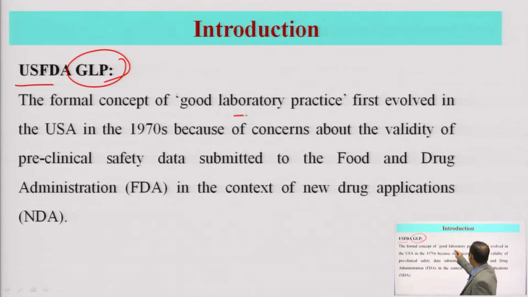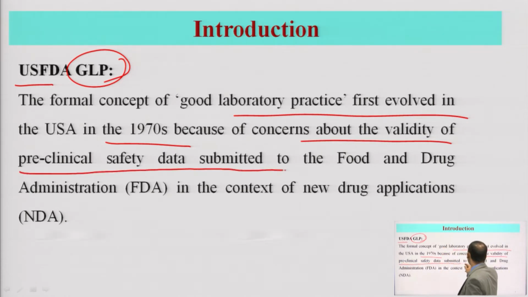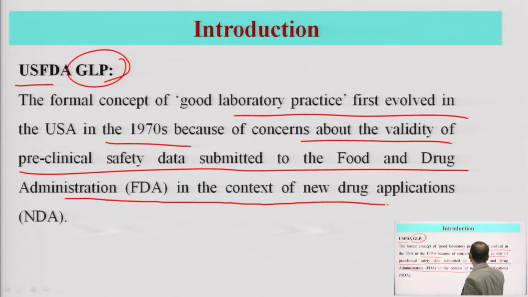The formal concept of GLP first evolved in the US in 1970 because of concern about the validity of the preclinical safety data submitted to the FDA, the Food and Drug Administration, in the context of new drug applications. I hope all of you are aware that there are multiple stages associated with drug discovery and drug development.